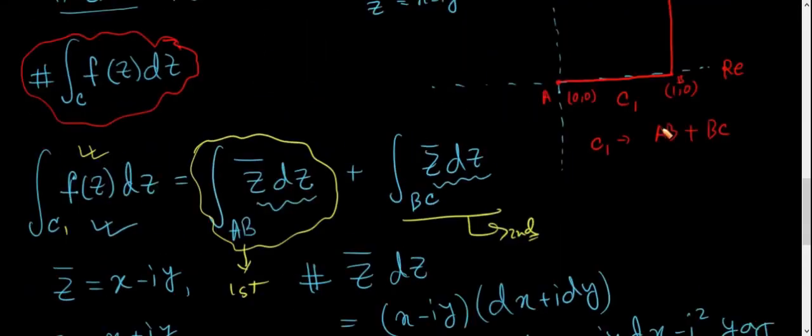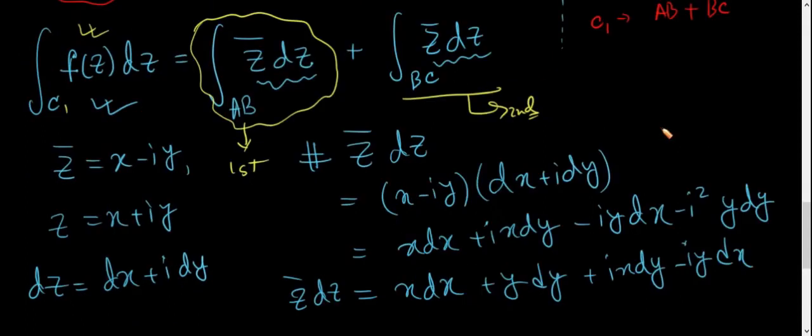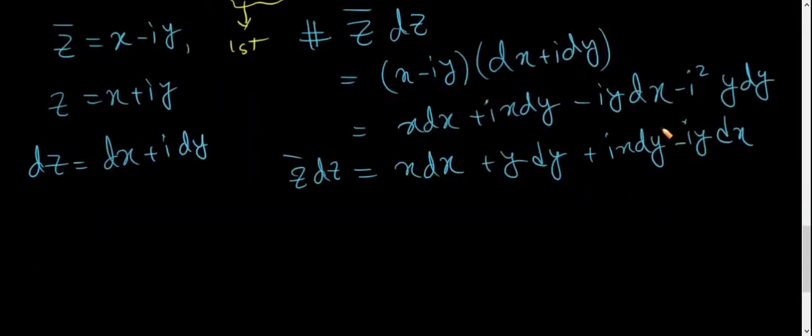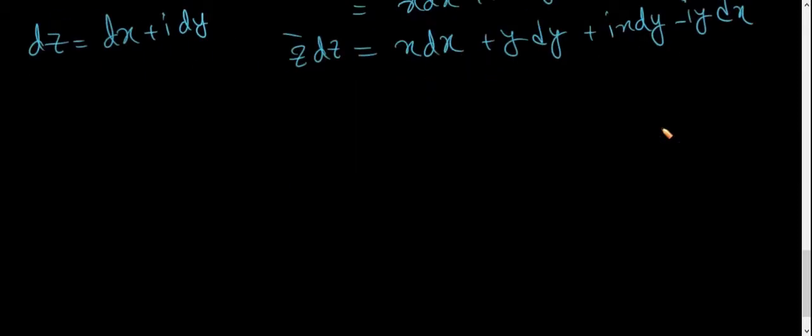You will see that this result is actually path dependent, because we'll take another contour from A to C and we'll see that it depends on the path. So without further ado, let's try to evaluate it along AB.